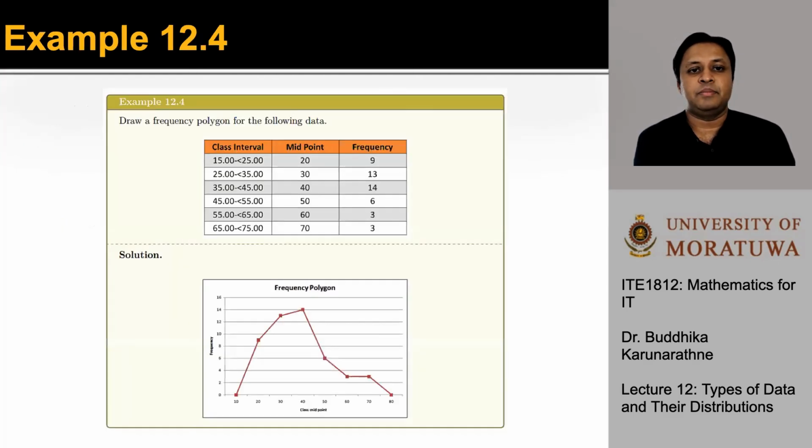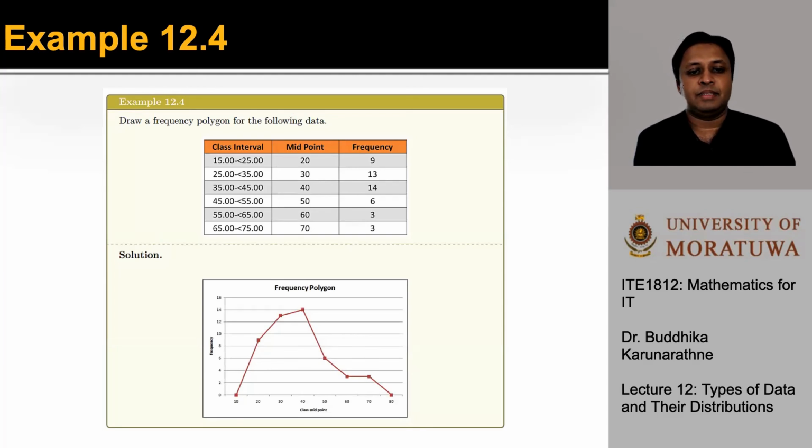So let's take an example. For the same data set, you can draw the frequency polygon. Once again, you have the class interval 15 to 25, the midpoint is 20, and at 20 you have the frequency 9. For 25 to 35, the frequency is 13, and you have the data point there, and so on.